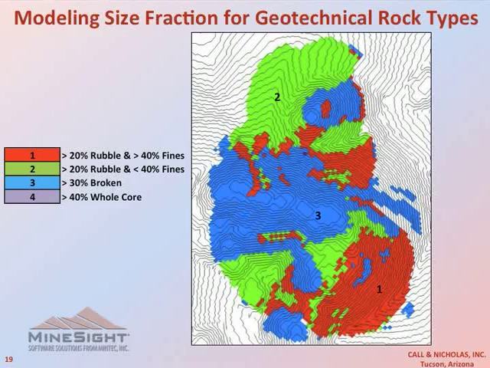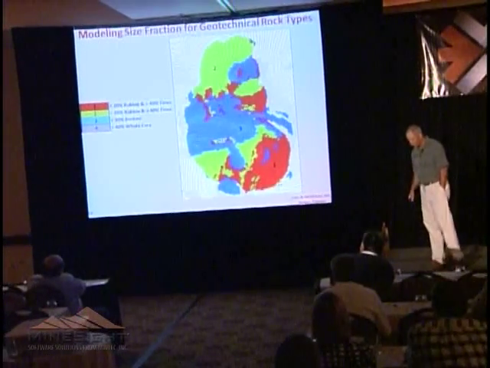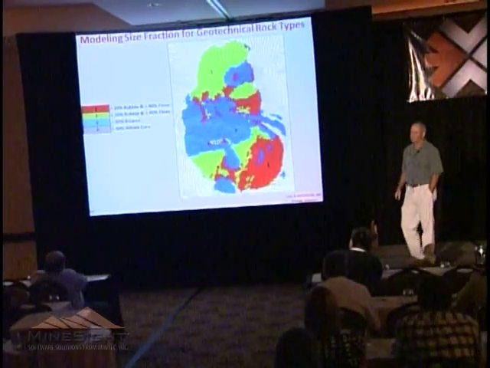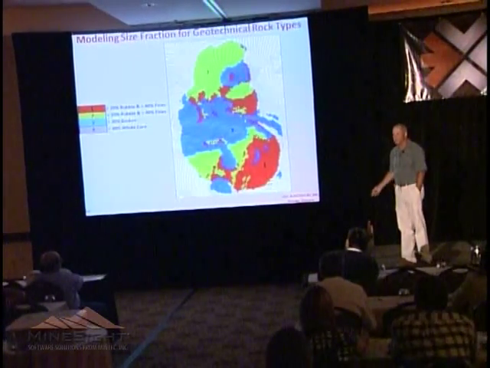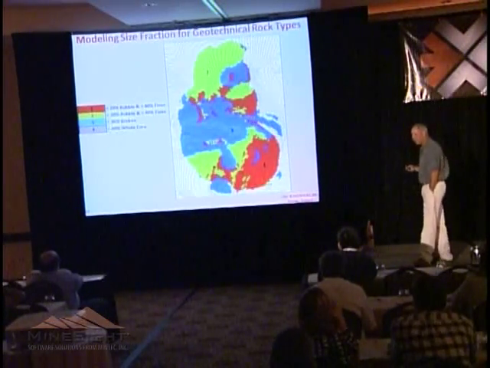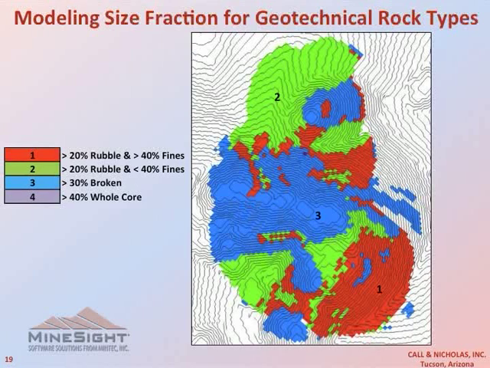In the case of this deposit, this is kind of a strange case. The length-weighted mean of drill hole data for RQD on this was 17%. It's more like a dirt than it is rock. So what we found was that, with the RQD being so low, we end up using size fractions.